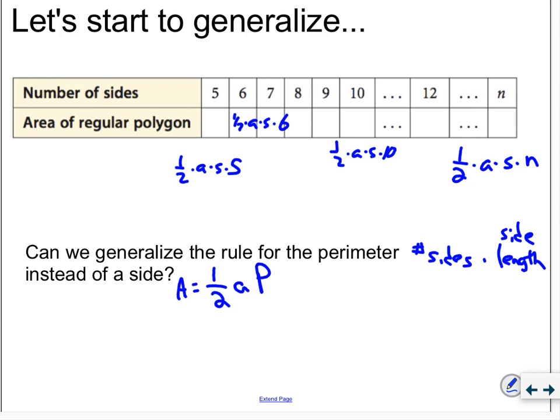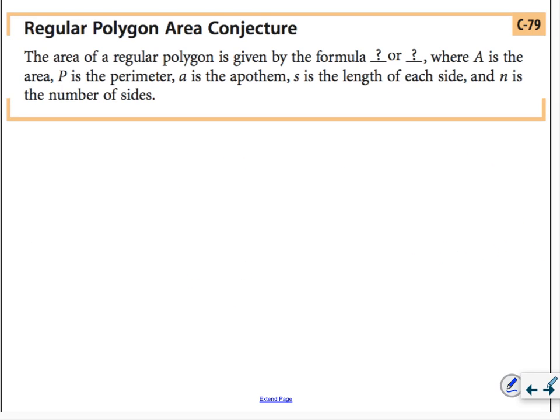Those make sense. Here's a conjecture to fill in. Our regular polygon area conjecture.